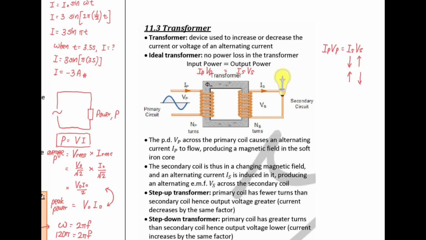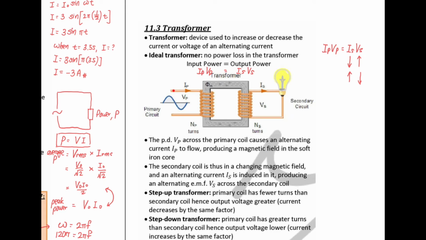Okay, so that means first your Vp has to be alternating current. Then because this is alternating, then your IP is also alternating. Okay, so they are alternating current, and then they enter the primary coil, and this primary coil produce a magnetic field. Okay, so produce magnetic field.